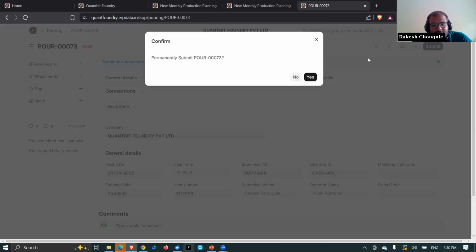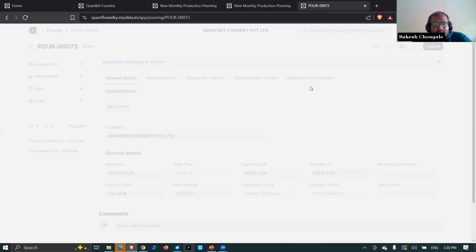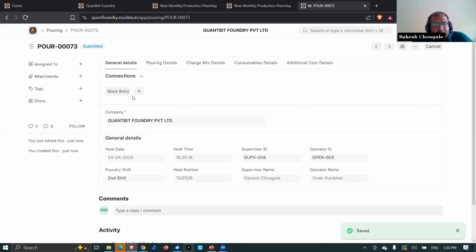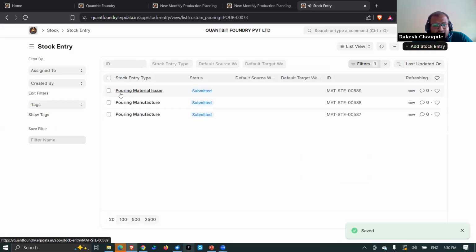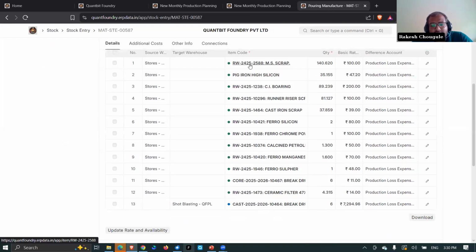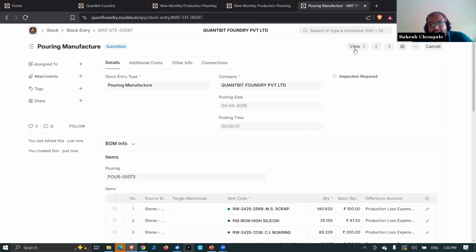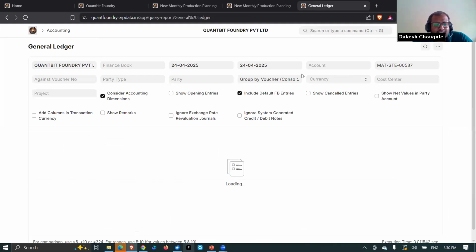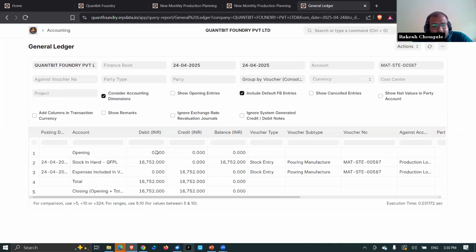If we save this entry, there will be stock movement entries here. You can see that all my consumption has been done for all the charge mix, core and additional consumables, and my 6 quantities of the casting have been produced, and immediately the financial impact, the accounting entries, will be posted.